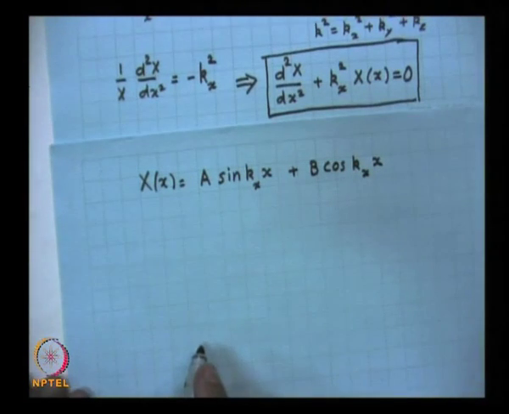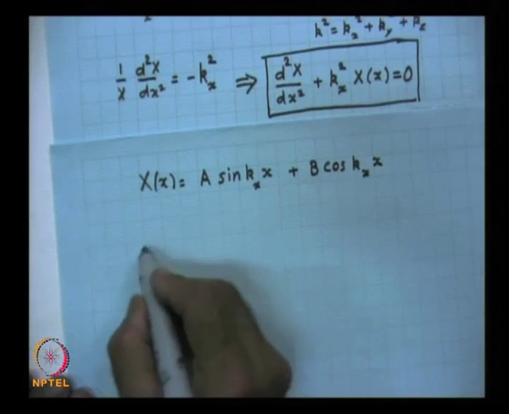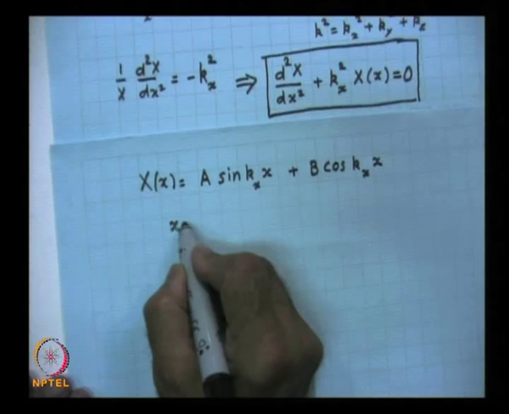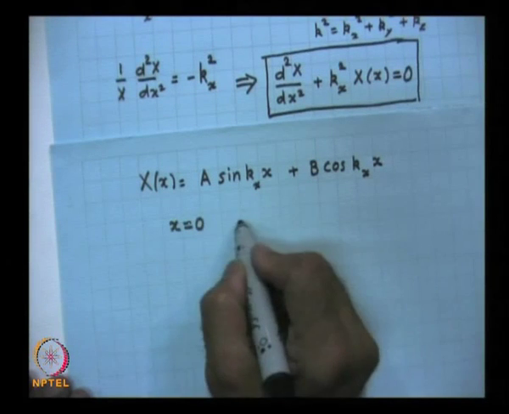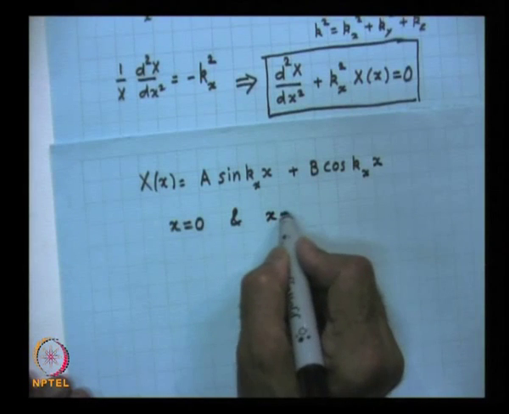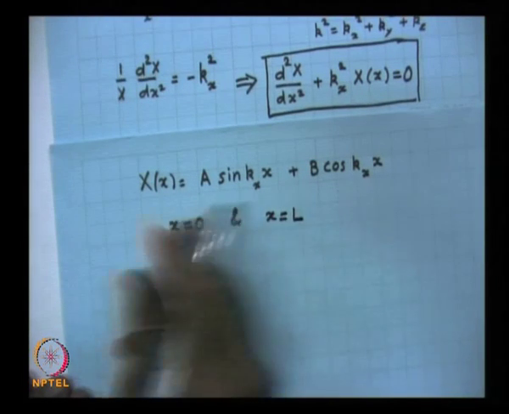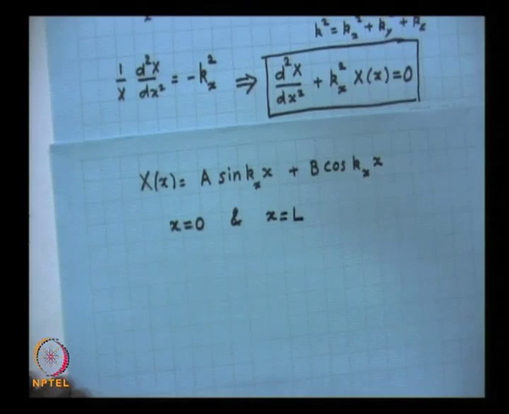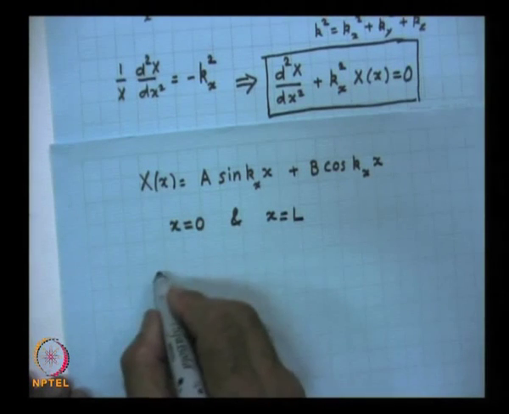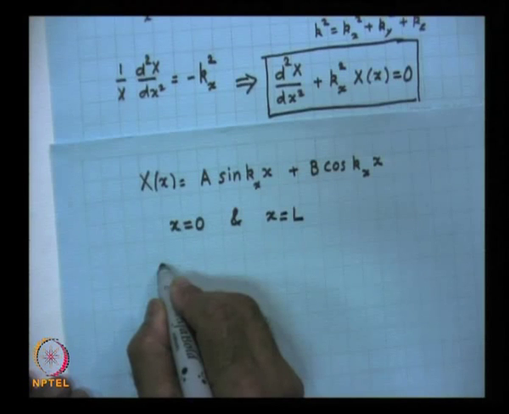Now, if this is the x axis, then the wave function has to vanish on all points on the plane x is equal to 0 and on all points on the plane x is equal to L. So, if I put x is equal to 0, the wave function has to be 0.